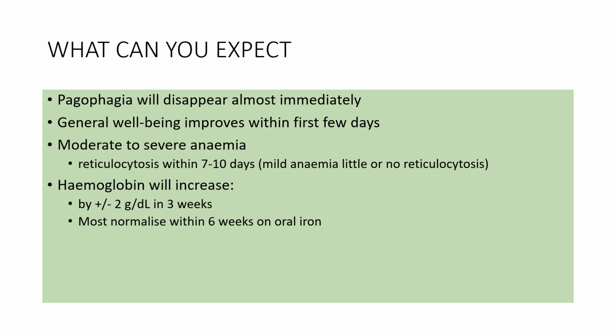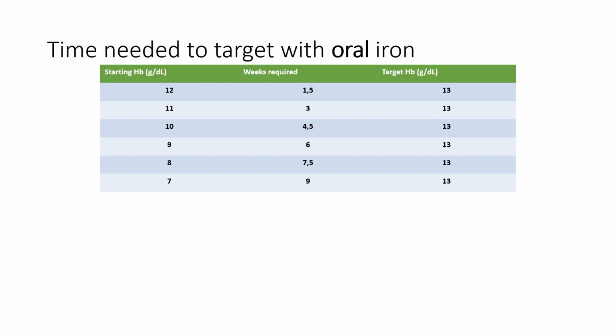The patient will start to respond within a week to 10 days, and you should see a clear hemoglobin increase of about 2 grams per deciliter within 3 weeks. But this all depends, of course, on your starting hemoglobin. The lower your starting hemoglobin, the longer it will take to get the patient back to target.